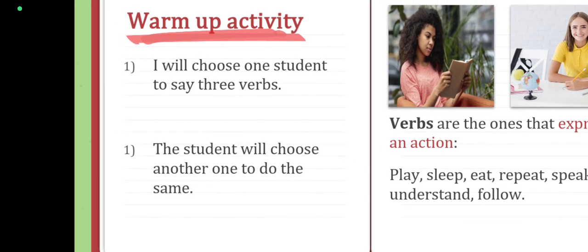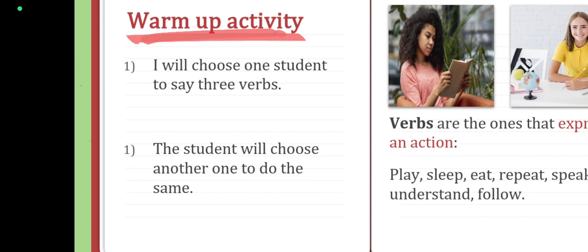Talk, sleep, and eat. Great. Really good. And just be careful, it is not a sleep, it is sleep. Okay? We don't say the a before the s sound. Sleep. Great. Now, Francini, can you please choose another student to do the same activity?